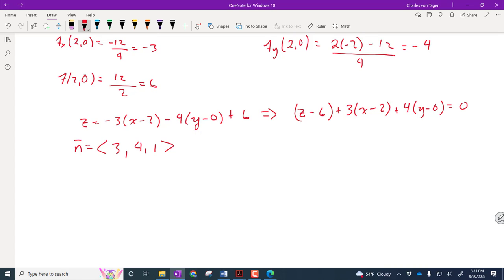So folks, I didn't put this in alphabetical order. If you put it in alphabetical order, you have 3 times (x minus 2) plus 4 times (y minus 0) plus 1 times (z minus 6) equals 0. Everyone see how I got the normal vector from that?